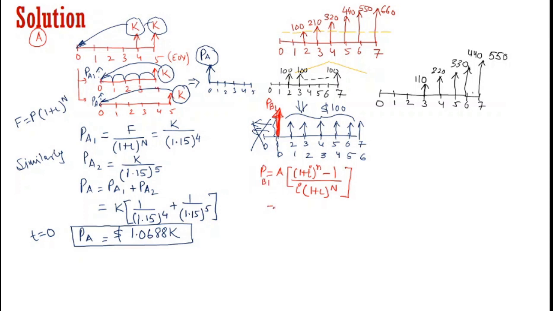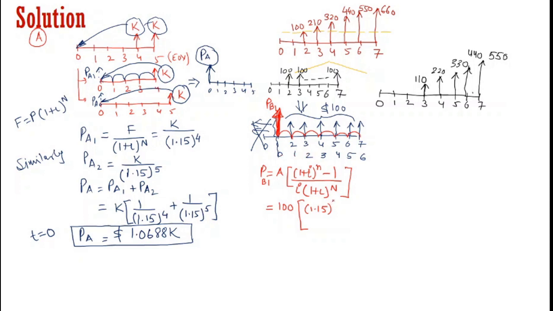If I just put the numerical values, A is given as 100 and 1 plus i is 1.15. Now count the number of years, 1 2 3 4 5 6. If we compare it with the initial one, it is coming out to be 7, what is written here. But since I have told you, just forget about these end years, treat it like this, 0 1 2 3.